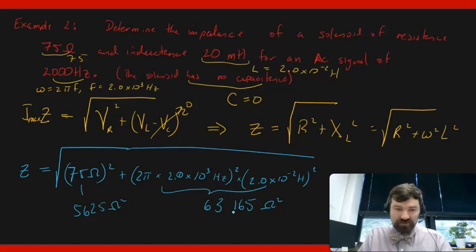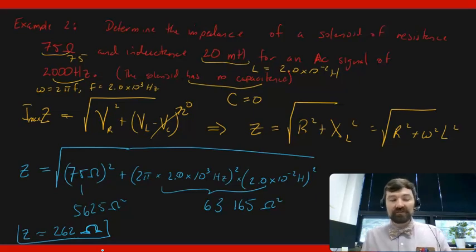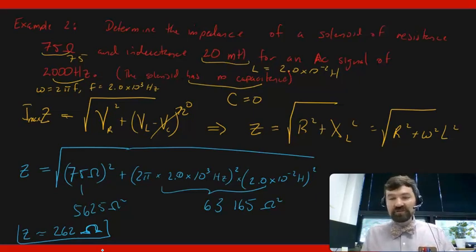So if we add those two together, 5,625 plus that, and then we take a square root, we end up getting a total impedance of about 262 ohms. So that is your total impedance for this particular inductor, this solenoid inductor resistor combination.